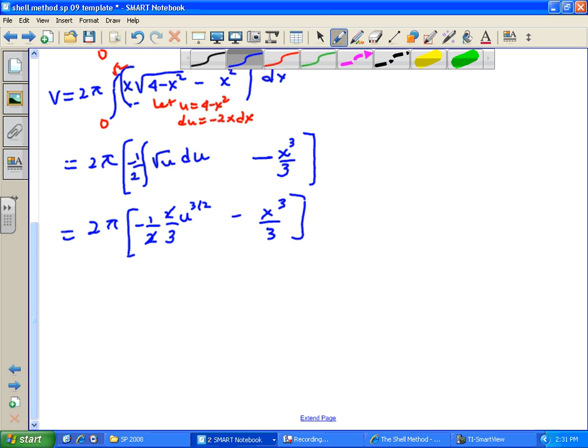And let's put the u back in there. U being 4 minus x squared. Okay, we're going to go from 0 to the square root of 2.